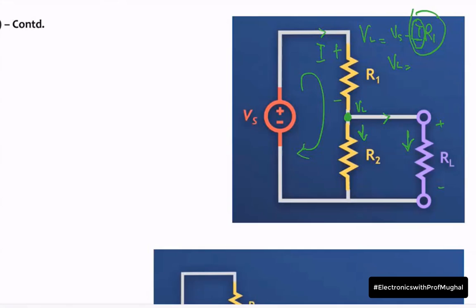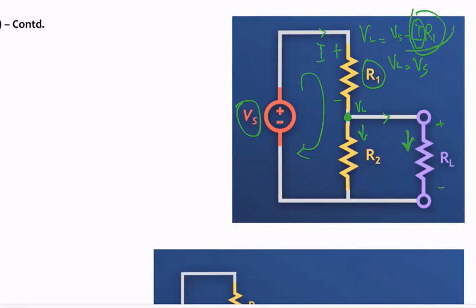Ideally, we want VL close to VS, whatever we have over here. We would want this to be a very small resistor, but if more current is being drawn here, it just messes up this equation, and we get VL as a smaller number. So if this is 16, you might get 9 or 10 or something like that.